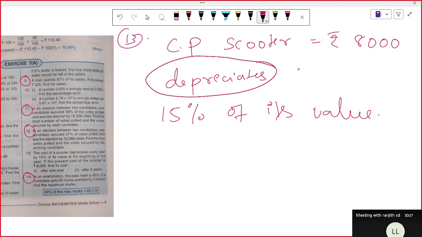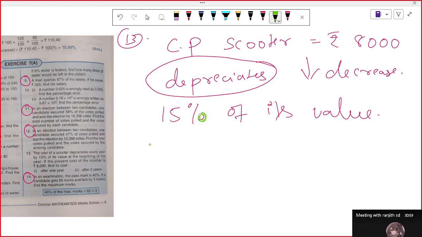What do you mean by depreciates? Decrease. So how much is it being decreased? 15%. Look here, I'll explain. 8,000 is the cost price, and every year 15% is reduced.